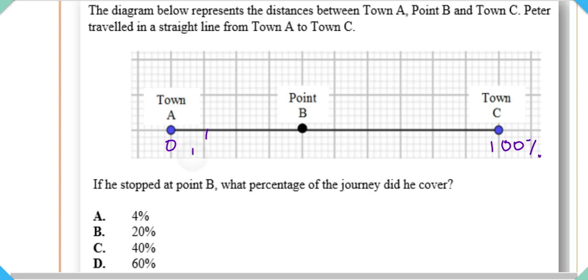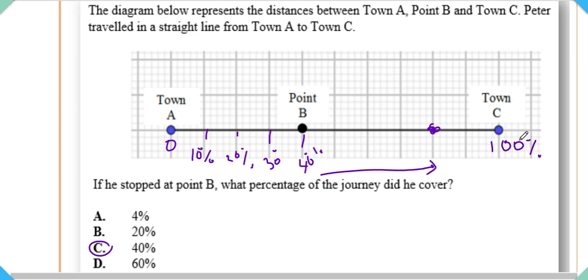So let us put those percentage marks in. This is 10%. Right here would be 20%. Then we have 30% here, and point B would be 40%. So our answer to this question is C, 40%. If the point was right here, all we need to do is continue putting in the numbers as we count that way.